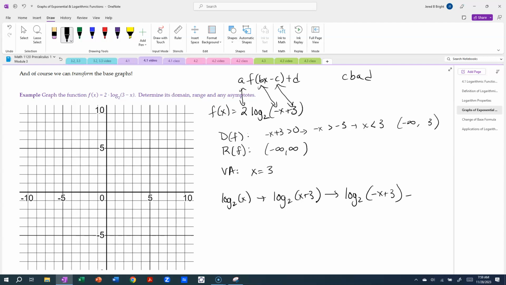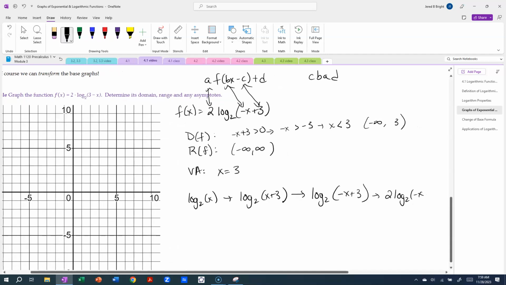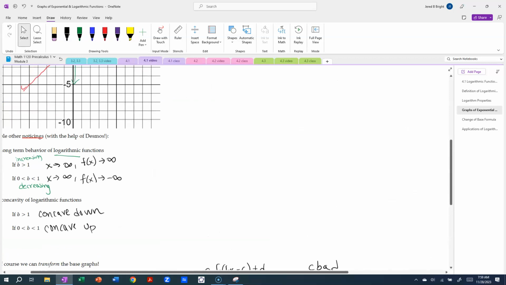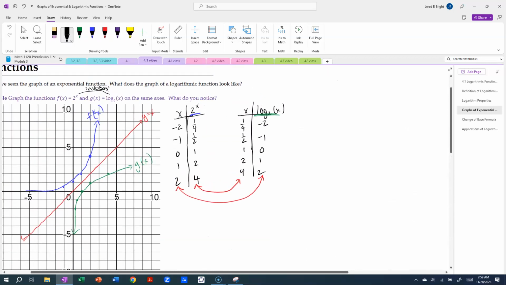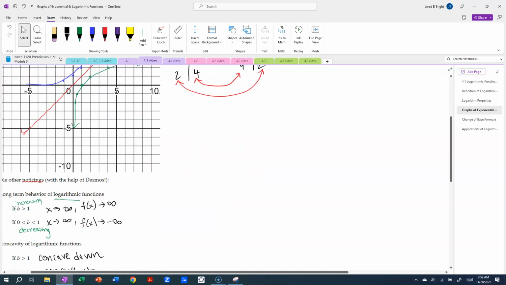And then the last step would be to incorporate the 2 in front: 2 log base 2 of negative x plus 3. But to start, I might want to look at the graph of 2 to the x, and we actually already did that. I'm not going to graph this, but from our previous example, we have what the table of x and log base 2 of x should look like.